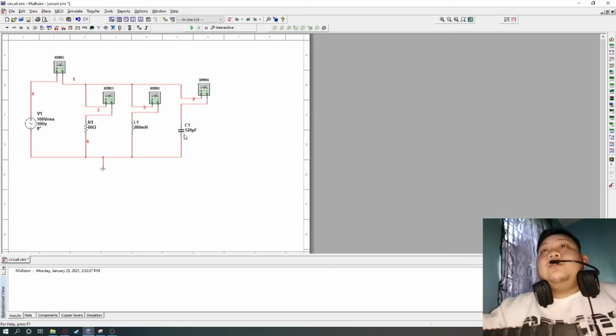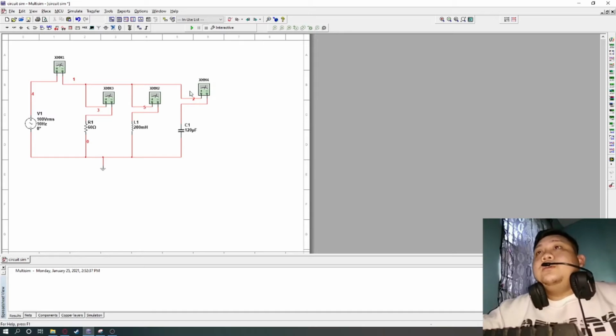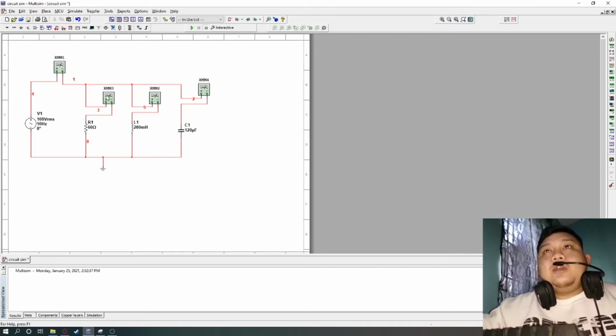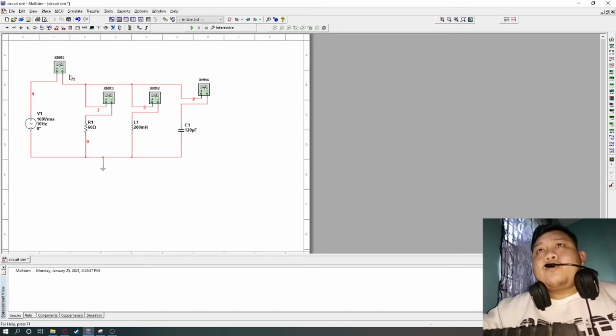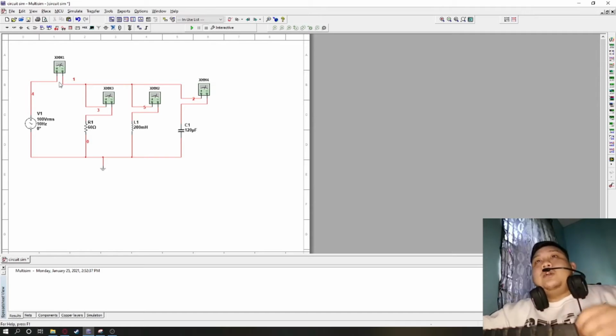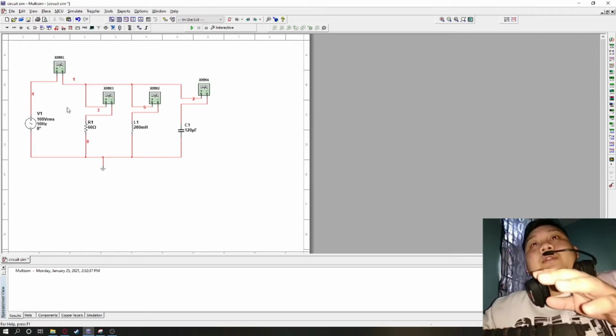I'm using 4 multimeters to collect the current reading in each branch. So this is the I total, the IR1, the IL1, and IC1. The multimeters are connected in series, so that I'm able to measure the current.